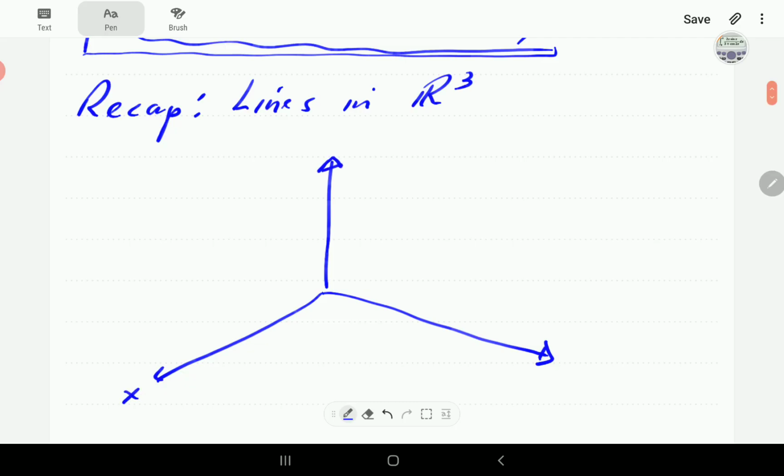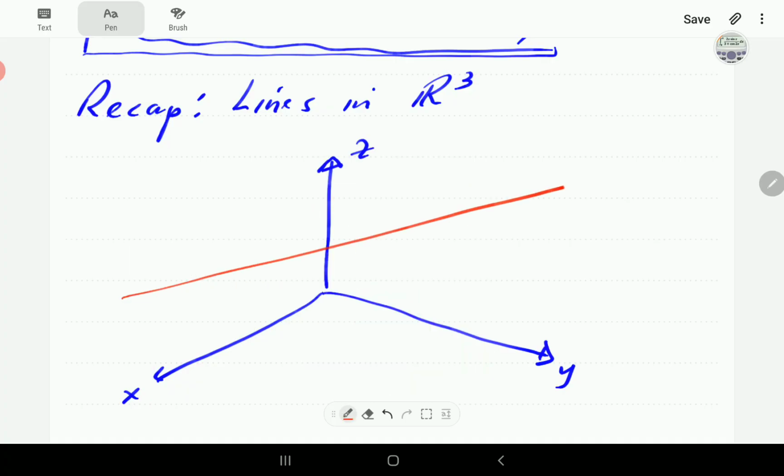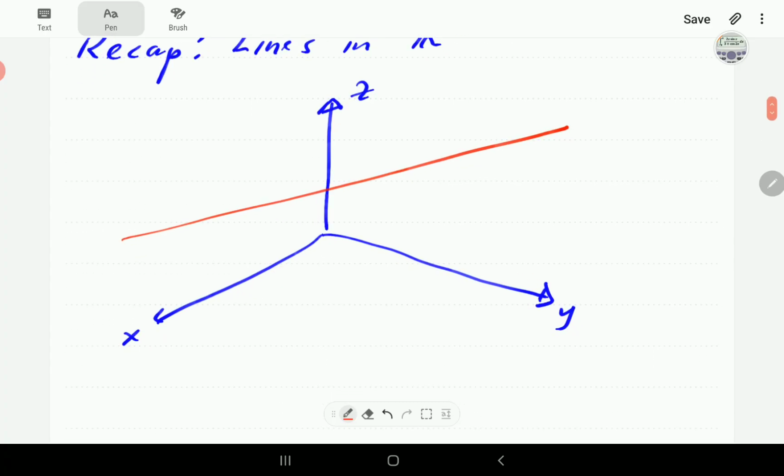If this is our XYZ axis, and this is our straight line, we said we need one point through which the line goes, and we call that x naught, y naught, z naught.